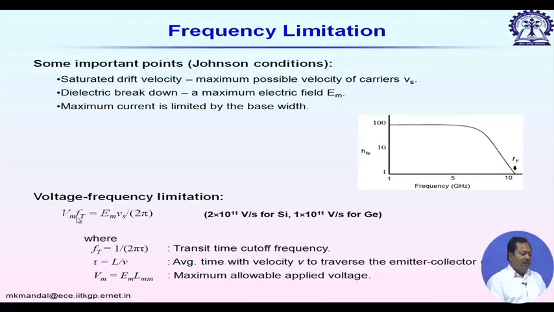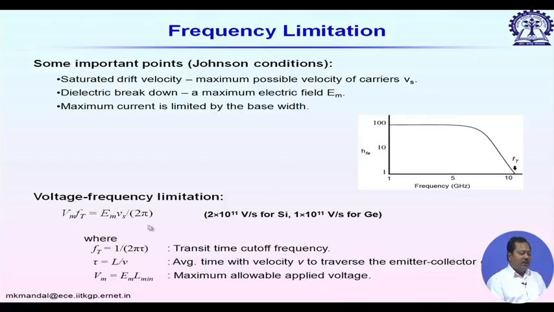Vm multiplied by Ft, where Ft is 1 by 2 pi tau, the transit time cutoff frequency, is equal to Em Vs by 2 pi. Em is the maximum allowable electric field, and Vs is the saturated drift velocity. So, Em Vs by 2 pi is related to the maximum allowable applied voltage multiplied by Ft. If we increase frequency, then the maximum allowable applied voltage decreases.